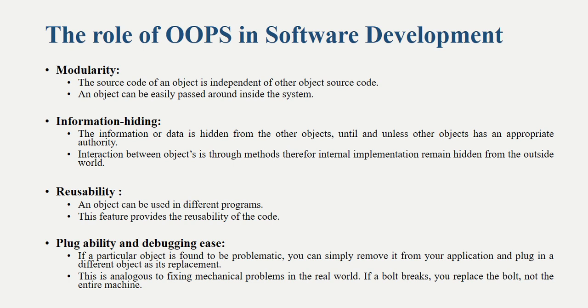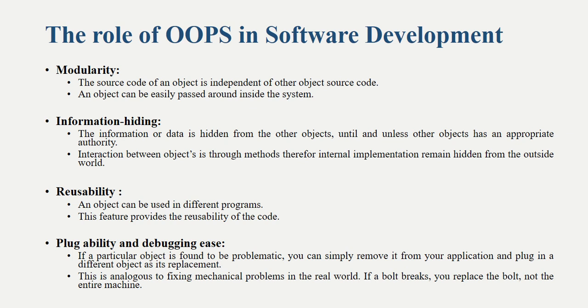Pluggability and debugging is a very interesting one for developers. If there's a problem in one of the objects, you can remove that object from the application, or you can debug that object and see exactly where the problem is, or you can replace it with another object and so on.